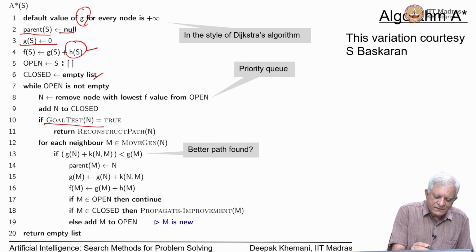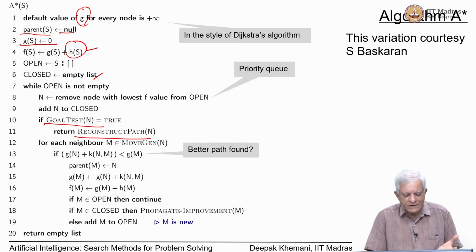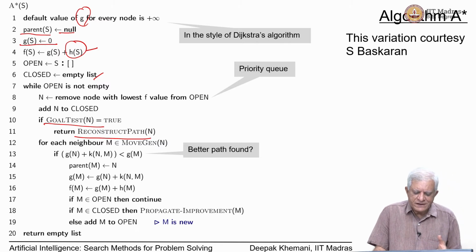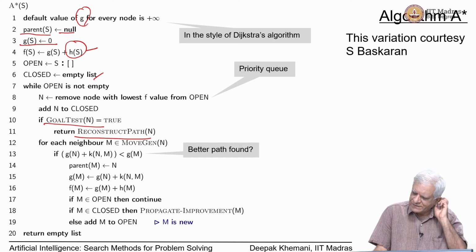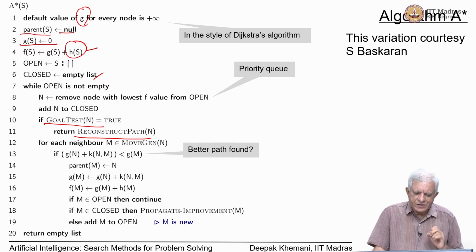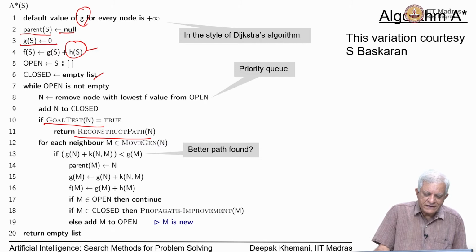We apply the goal test function. If we have it, then we call a function called reconstruct path. This reconstruct path function in our case will not use the closed list. We are no longer keeping node pairs that we were keeping in best first and depth first and so on. Instead, we are keeping parent pointers, and for every node we will have a parent pointer which will be used for reconstructing the path.